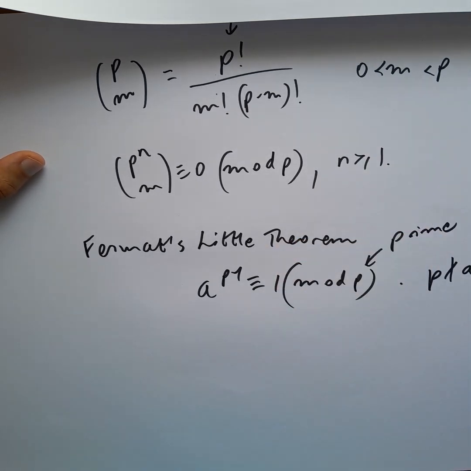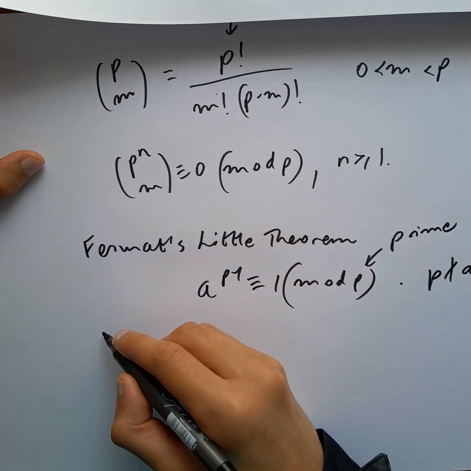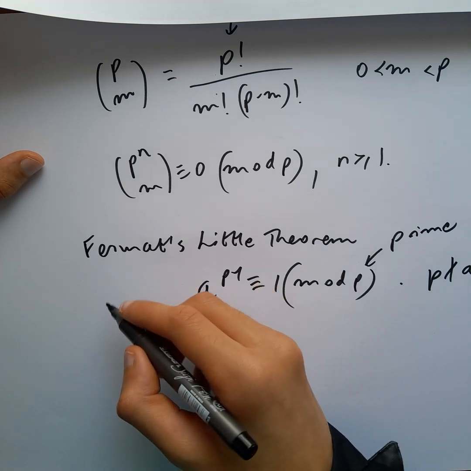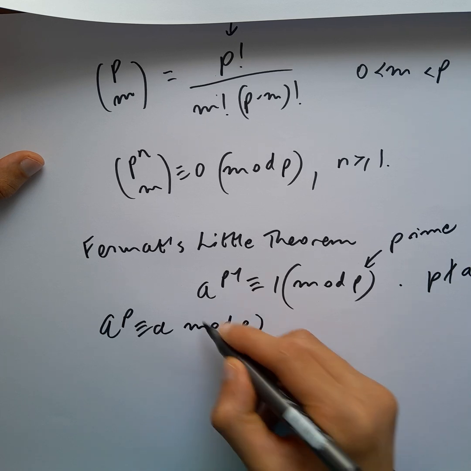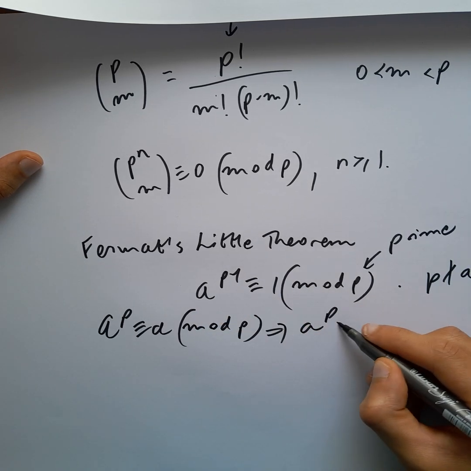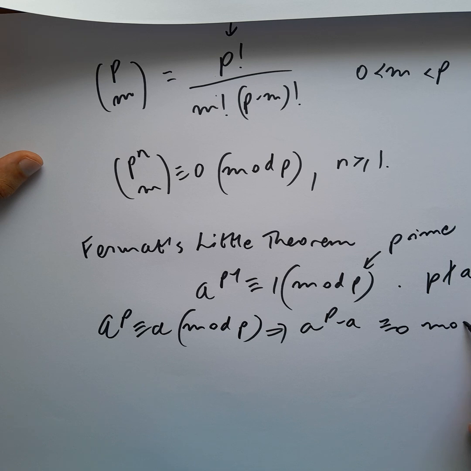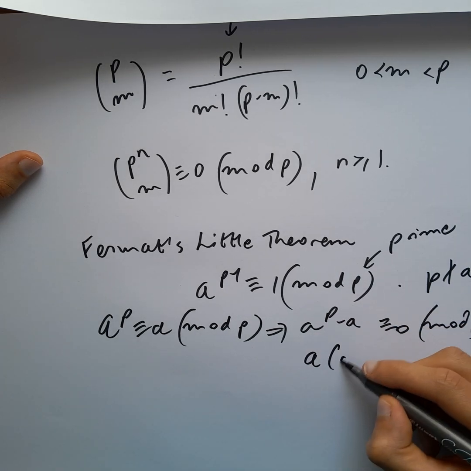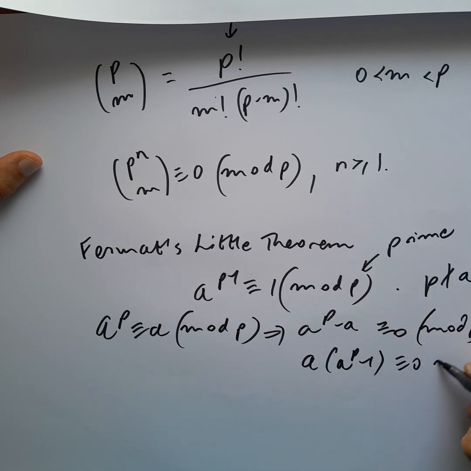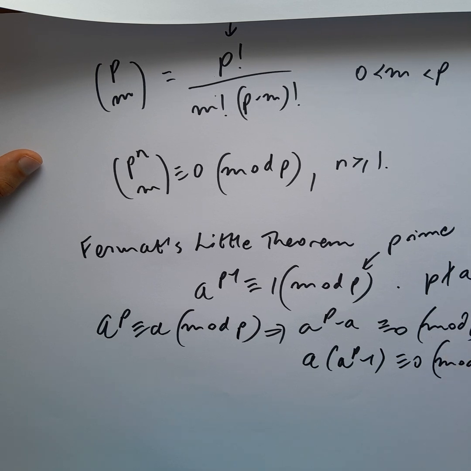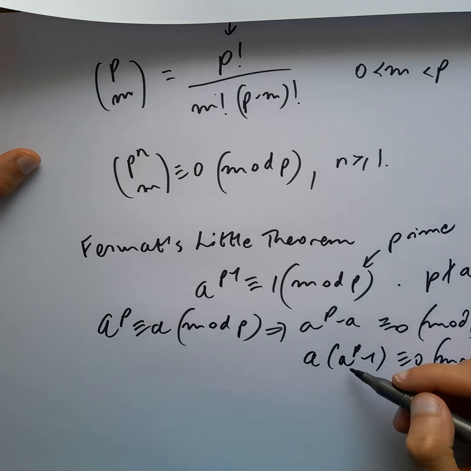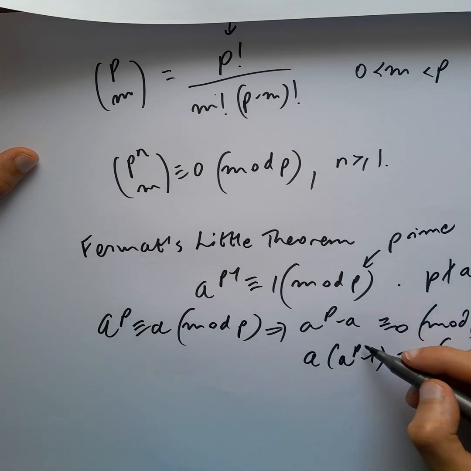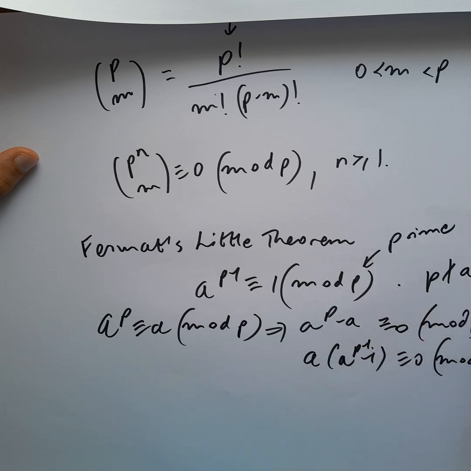So that's easy to see because a^p congruent to a mod p means a^p - a is congruent to 0 mod p. So a times (a^(p-1) - 1) is congruent to 0 mod p. And since p does not divide a, and that's an integer, so p does divide a^(p-1) - 1.